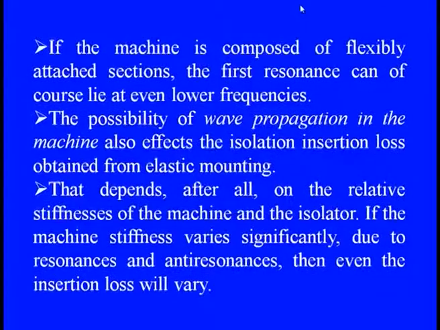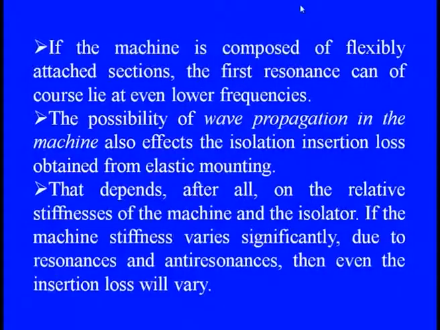So if the machine is composed of flexibility attached to the various sections, the first resonance can of course lie at even lower frequencies because of the flexibility provided by the machine itself. And the possibility of wave propagation in the machine can also affect the isolation insertion loss even with the elastic mountings.